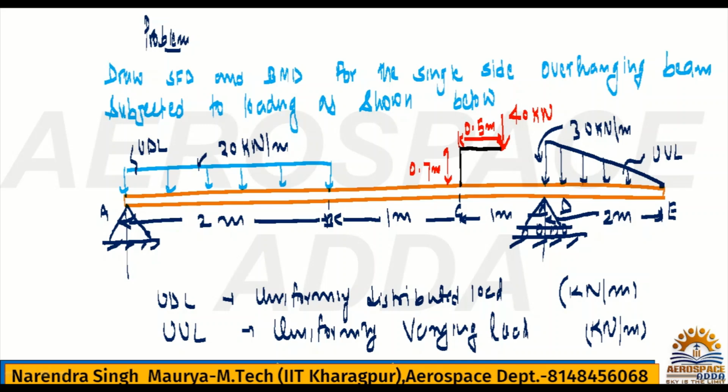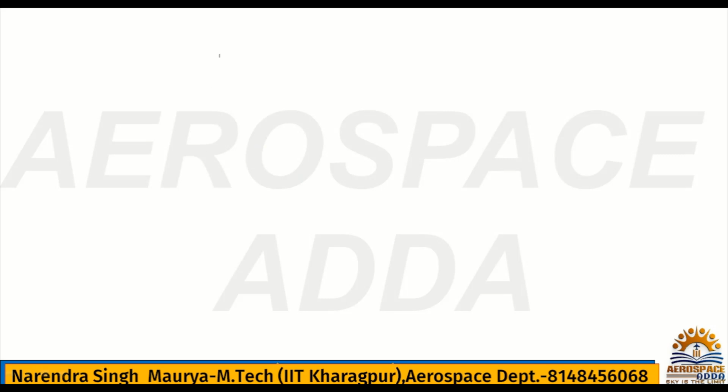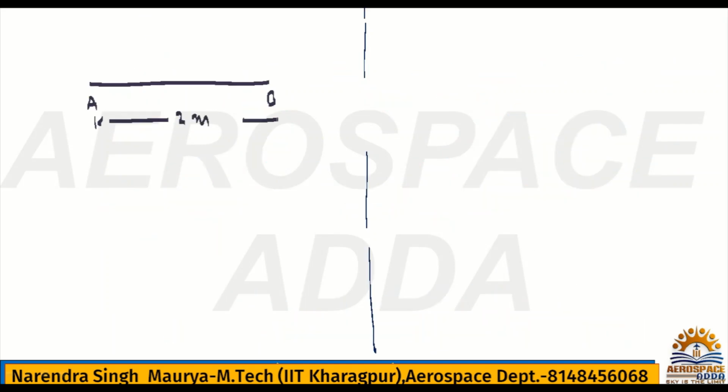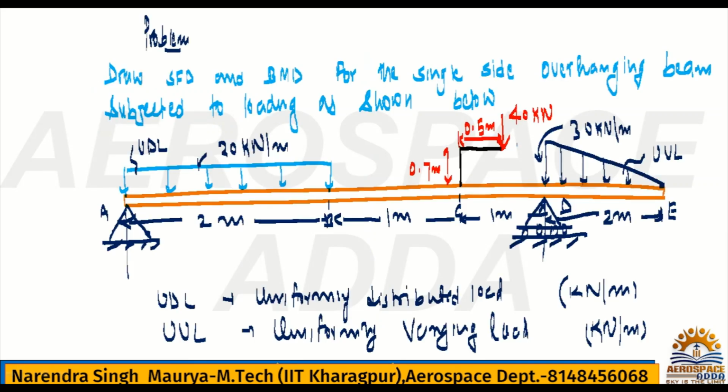Right. Before going to start this, we should all be aware of this UDL. Again, I will show you for UDL and UVL how to go for the calculation. Suppose you check this UDL that I have taken for the AB section, and this dimension is 2 meter. Here the UVL is acting for the DE section.